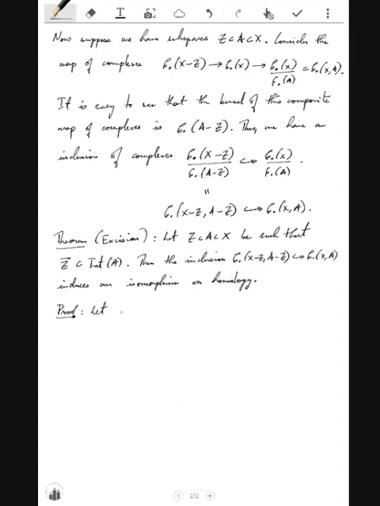So let U be the collection of sets A and X minus Z. Then X minus Z closure is contained in X minus Z, and this is open, which implies the interior of X minus Z contains the interior of X minus Z closure, which is equal to X minus Z closure.